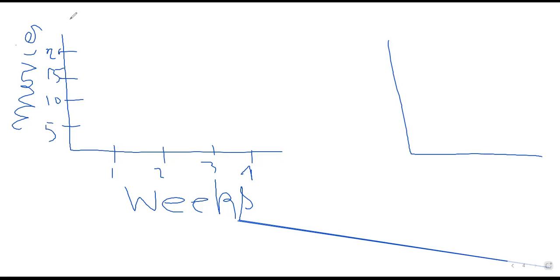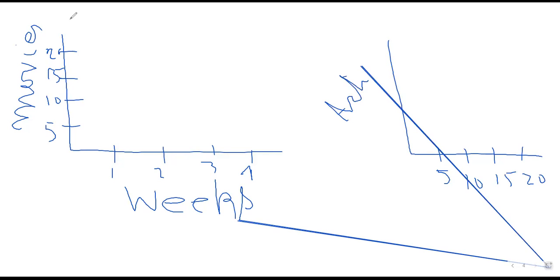And next is the number of movies in this way, 1, 2, 3, 4. That is 5 movies, 10, 15 and 20. And here the articles, in this way, articles written by the journalist. So this is the graph.